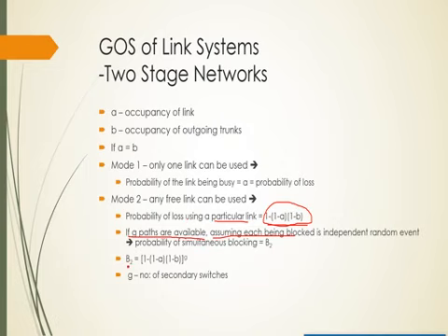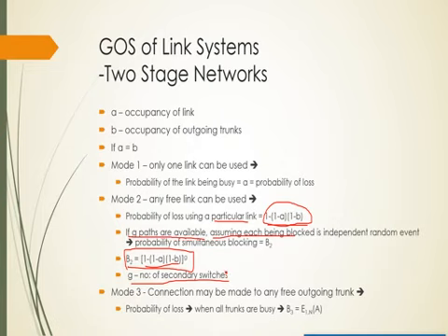So therefore B2 will be equal to this probability of loss raised to the number of paths, or number of links, which are possible. In this case, the number of links possible is given by the number of secondary switches. So therefore this is the probability of loss or grade of service in mode 2.